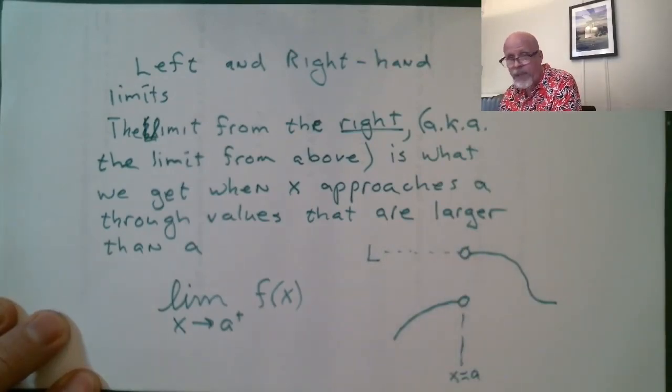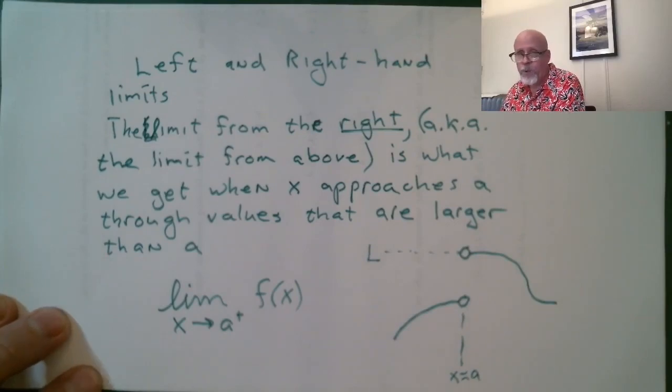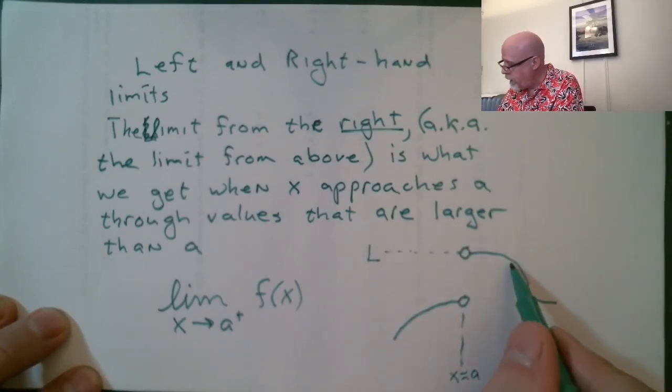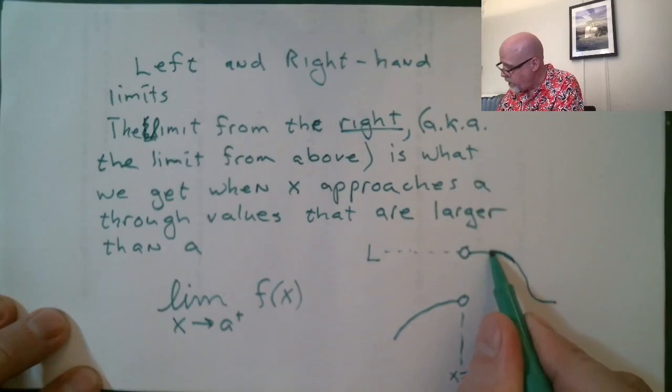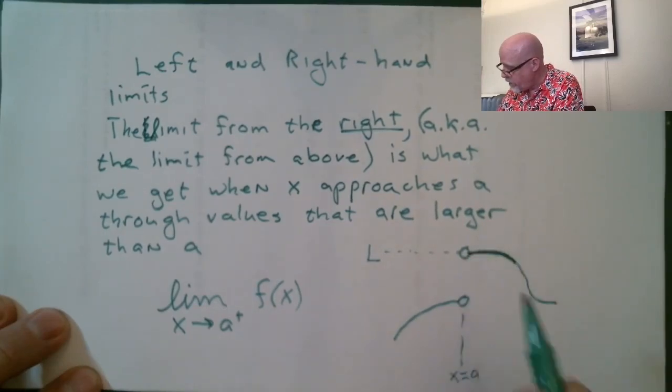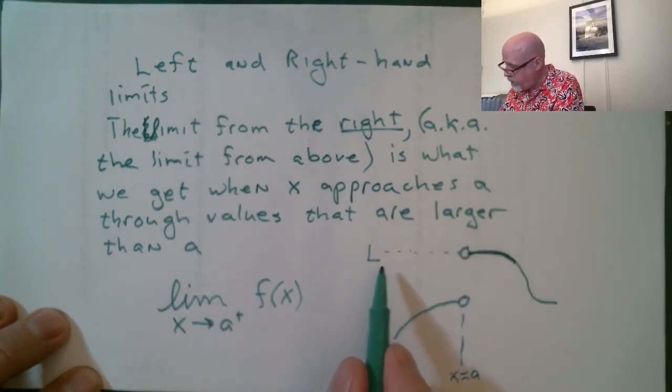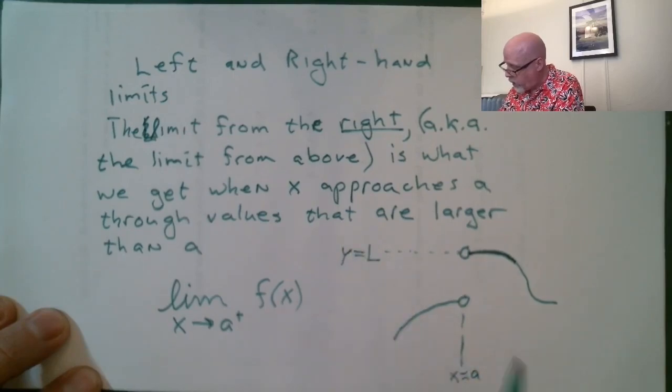And kind of weirdly, it's immaterial what the value of the function is. You don't care about the function. You care about what's happening as you approach that x coordinate. And if you're doing that from the right, you're up on this piece of the curve, and you seem to be approaching a particular number. In fact, it's y equal to L. Let's call it L anyway.